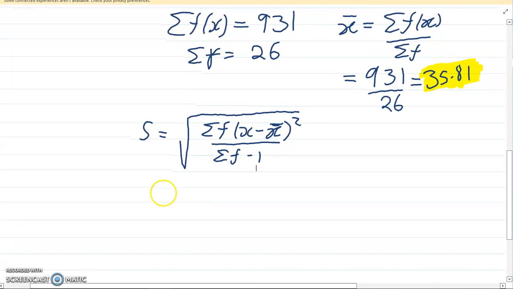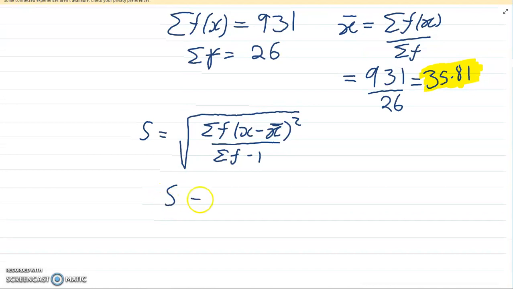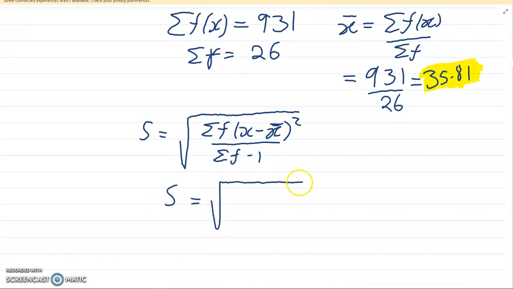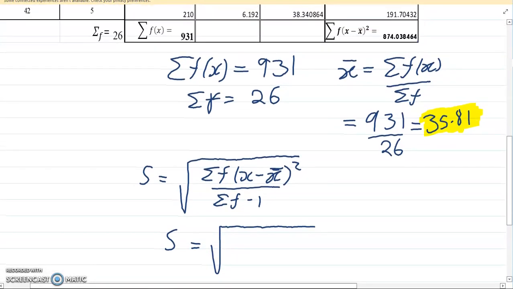So s will be equal to the root of, what's the figure there? Let me check the figure.